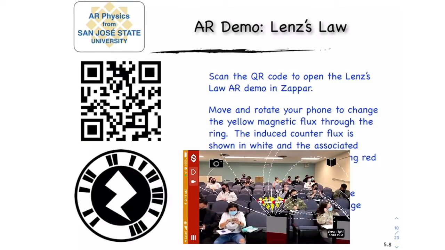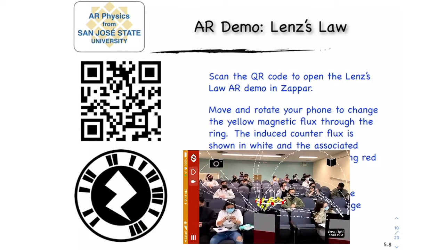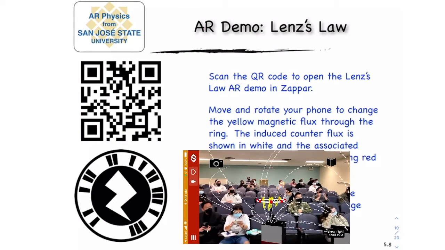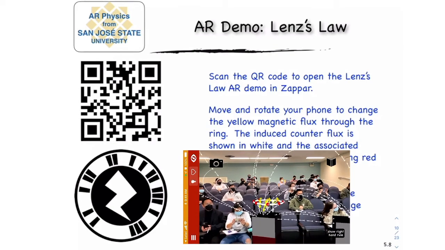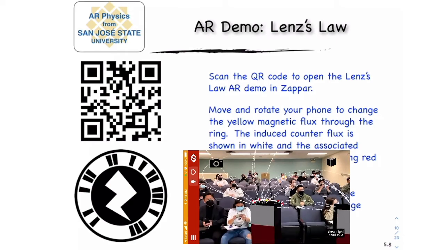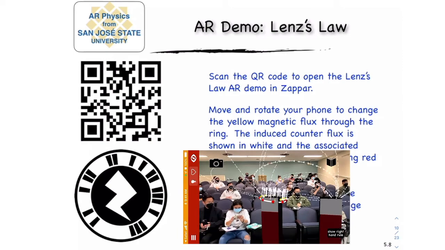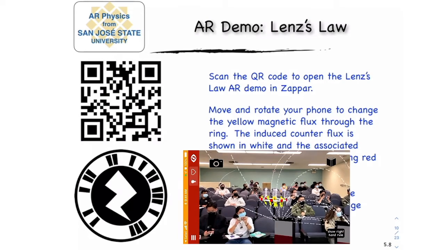Now, as I move my phone, I can decrease or increase the amount of flux. And when I do, the current in the loop, which we can visualize by those red charges on the loop moving. So let's see, if I increase the flux or decrease it, we see the charges spin around.